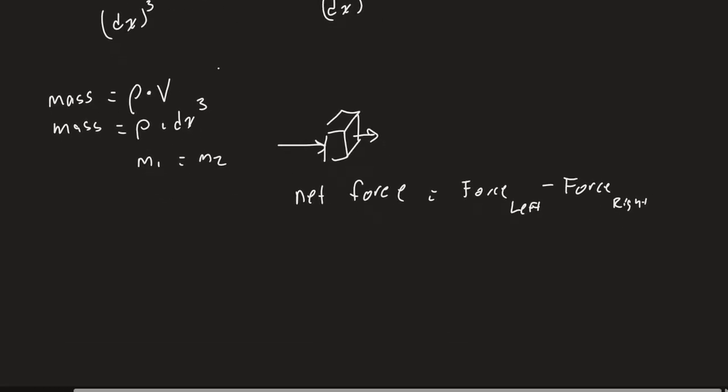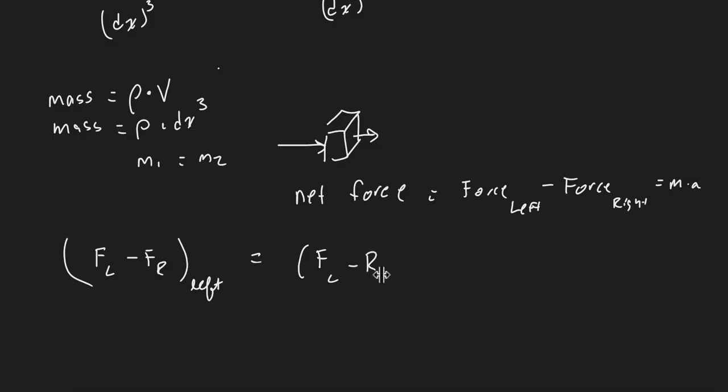And that has to equal the mass times the acceleration. So they have the same acceleration. So the force on the left minus the force on the right for the block on the left has to equal the force on the left minus the force on the right for the block on the right. So those two things have to be the same.